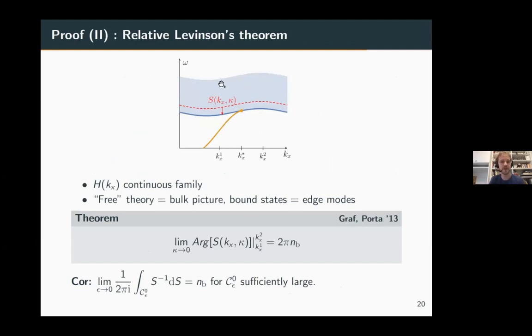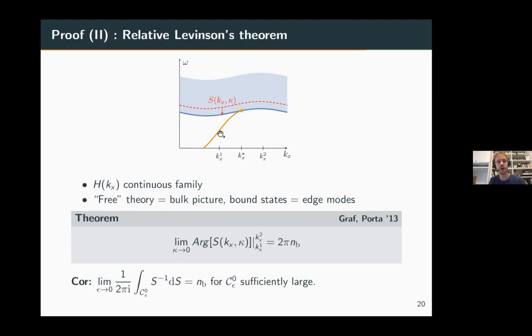So imagine now that for each value of kx here, we can have a similar problem. The free theory in our case would be the bulk picture where there is no edge. And the bound states are the ones which are confined near the edge, and so they are the edge modes. So as you approach the bottom of the continuous spectrum, you can deduce how many edge modes you have.